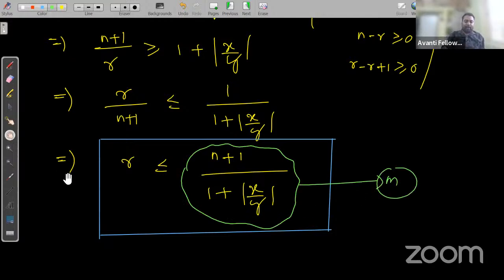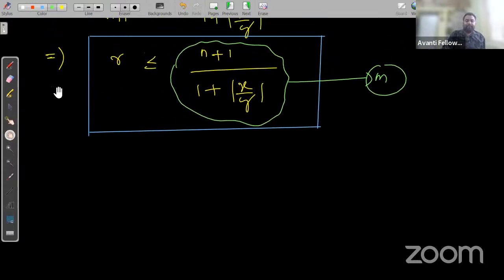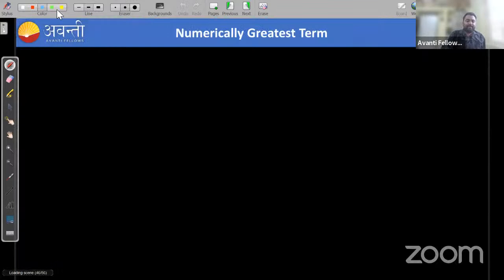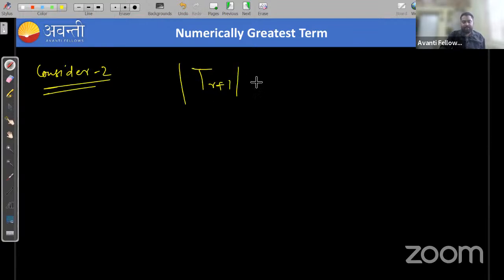Similarly, if we consider the second scenario, what is that? Consider the second scenario, which is t r plus 1 is greater than or equal to t r plus 2.